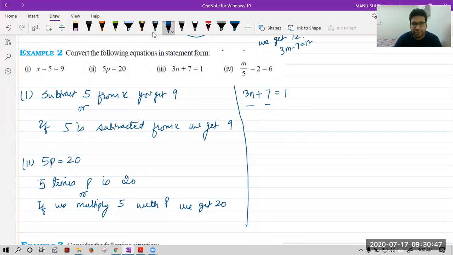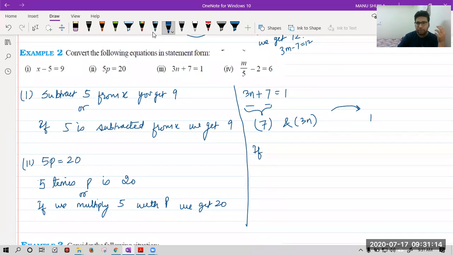Okay. If you understand what we are doing on the left hand side, we are adding 7 and 3n. If we observe what is given to us, we are adding 7 and 3n and we are getting what? We are getting 1. So the statement should be, if I add 7 to 3 times n, I get 1 as answer. That's it. So you can write like this.